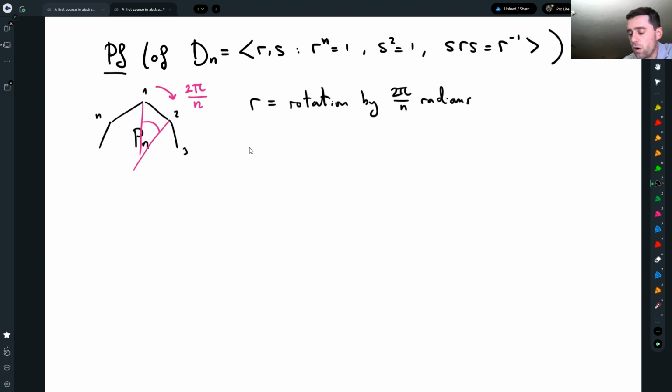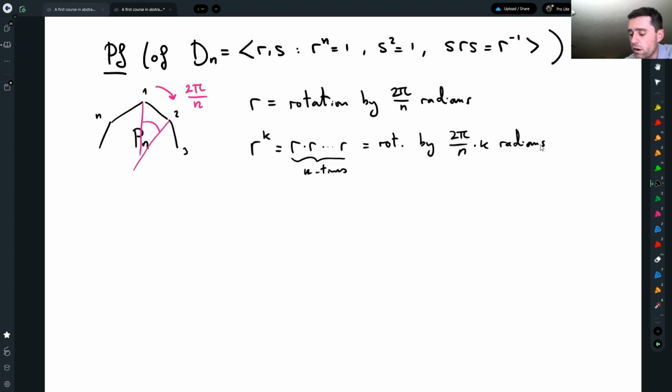And if so, then what is r to the k for some power k? That will be the composition of r k times. So it's r k times. And that will be rotation by 2 pi over n times k radians.